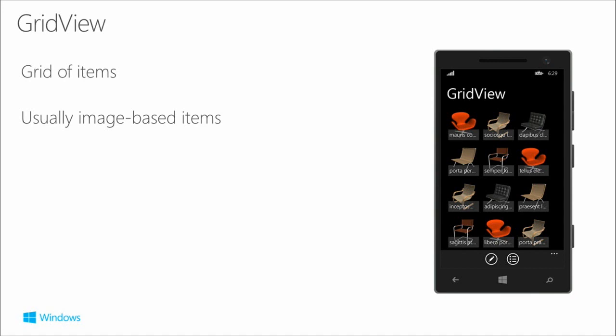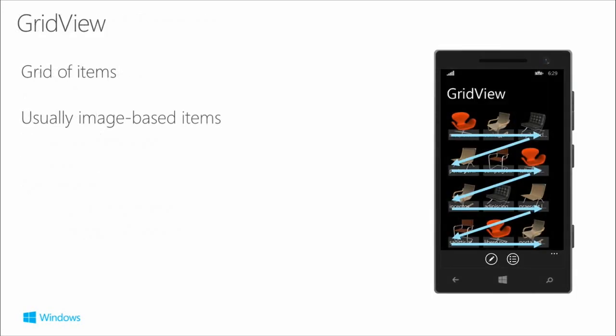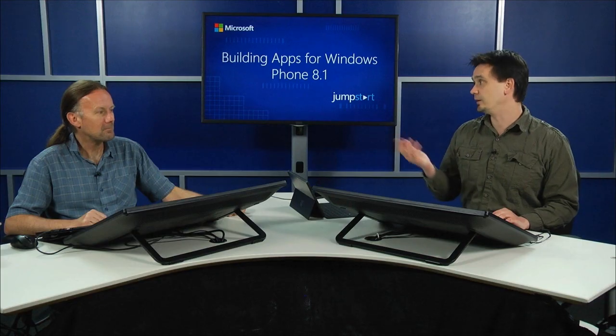So if you've got a nice square image that you want to display, you can put the image in there with a smaller amount of text, and this is going to render from left to right, and then down to another row, left to right, down to another row. This is a nice one for adapting to bigger screen display and sizes. This one works particularly well with Windows over Windows Phone.